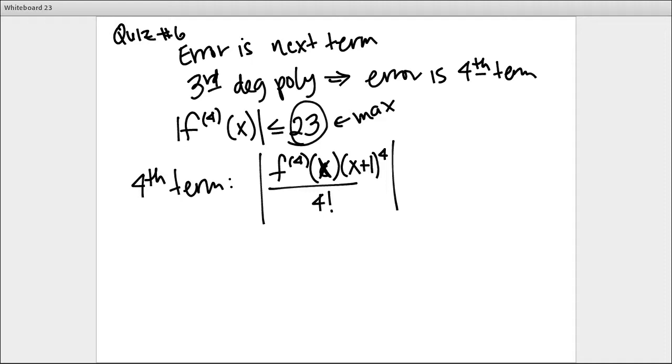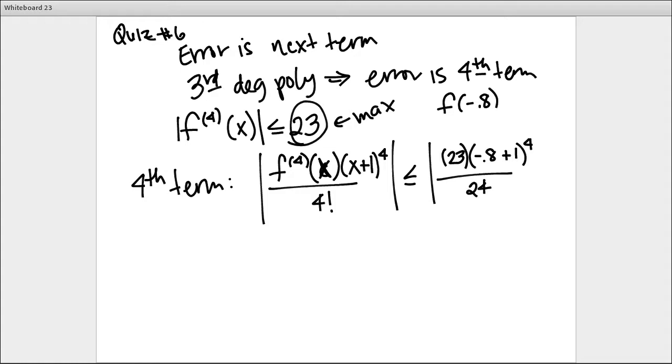What we know is that it's going to be less than 23, and they wanted you to find it for f at -0.8. So you plug in that -0.8 into the x, add 1 and raise it to the fourth power. And 4 factorial is 24 because it's 4 times 3 times 2 times 1, and there you go. Then you get some decimal value for that.